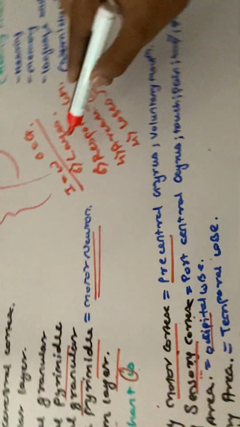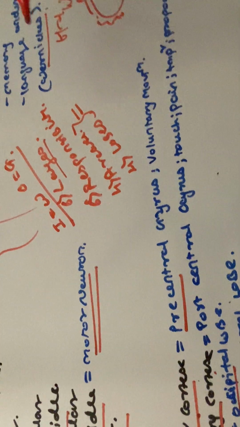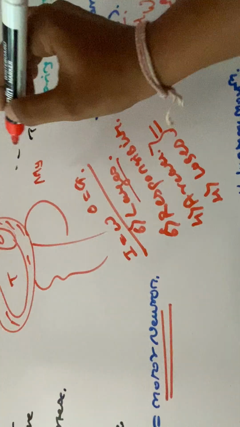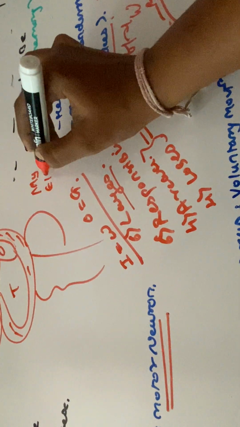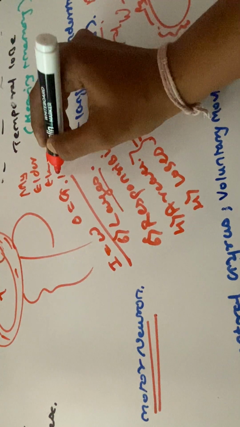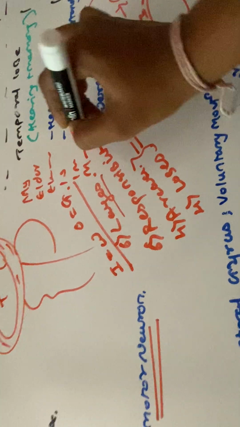Okay, the 6 layers, we can remember the mnemonic: my elder elephant is in Mumbai.